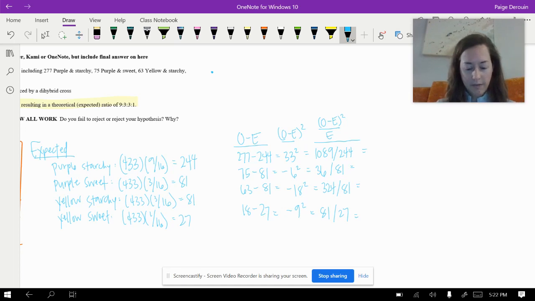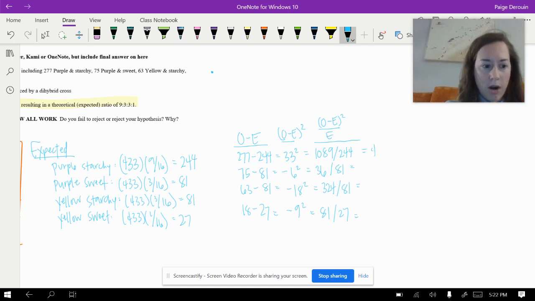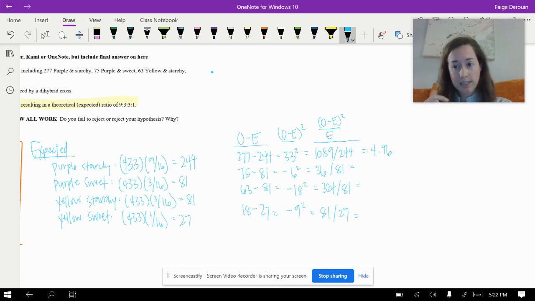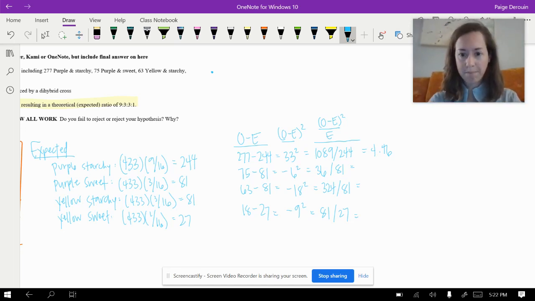So now we have 1089 divided by 244, which is going to be 4.46. On this one, I don't round until I get to the end. It's really 4.46311475, but you can round more than that. I usually do 2 or 3.